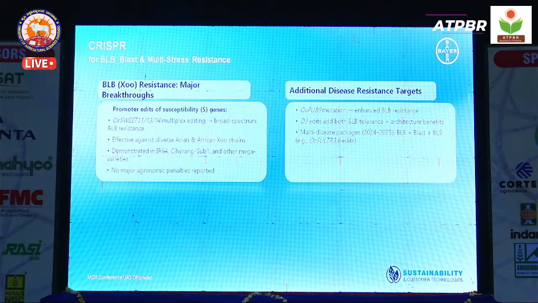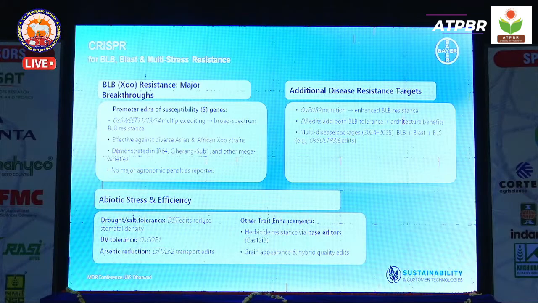Additional disease resistance targets, where the B9 mutation can enhance BLB resistance, D3 edits, and both BLB to enhance architecture benefits and multi-disease packages. For abiotic stress also, drought, UV tolerance, arsenic reduction, and other enhancements like herbicide resistance and grain appearance can be done using this technology.